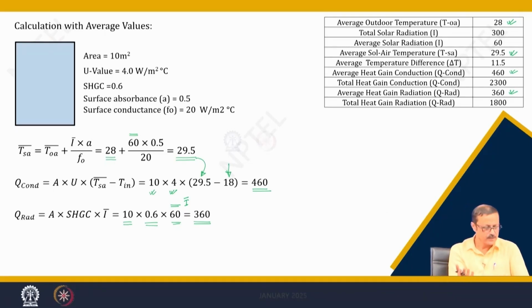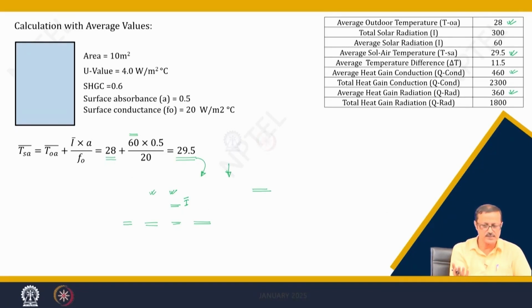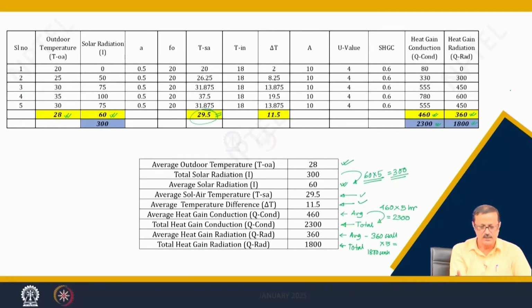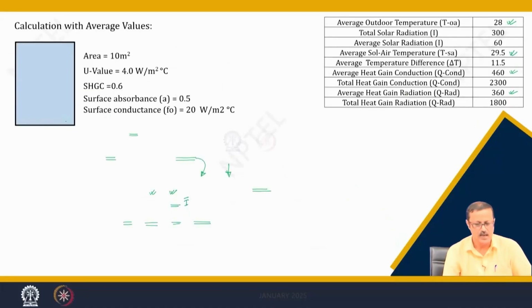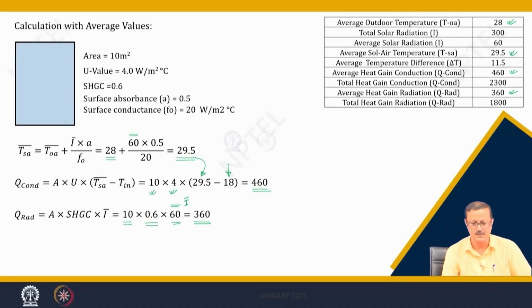So, that means instead of doing this whole business, if I can calculate this average data, I will get the same result for the 5 hours, and if I apply it for 12 hours, for 24 hours, or for 1 month, it will be the same.